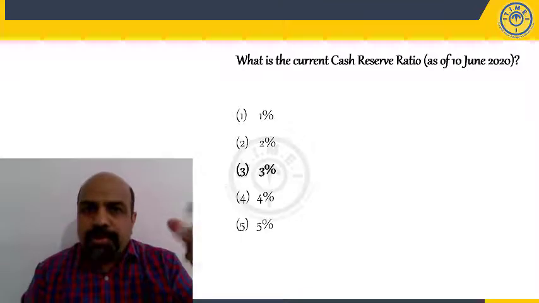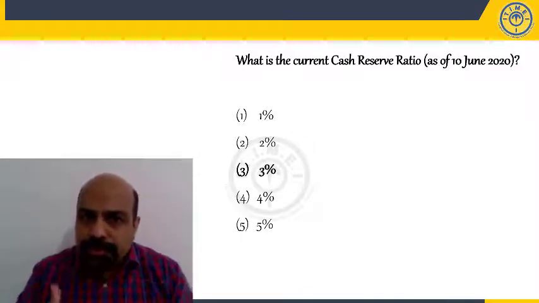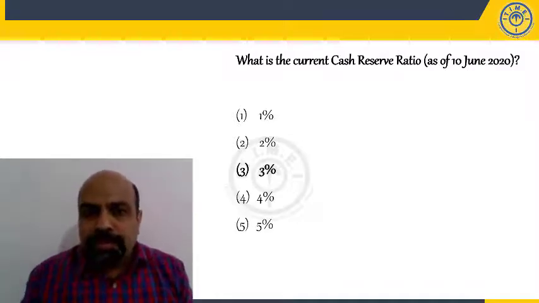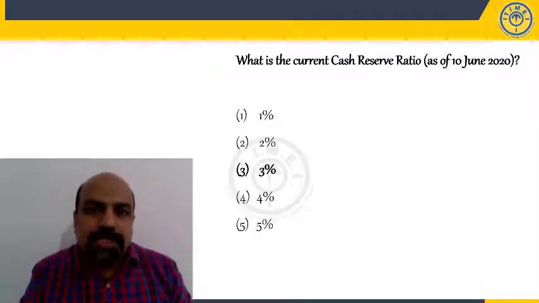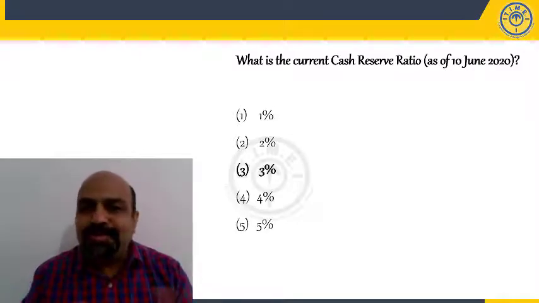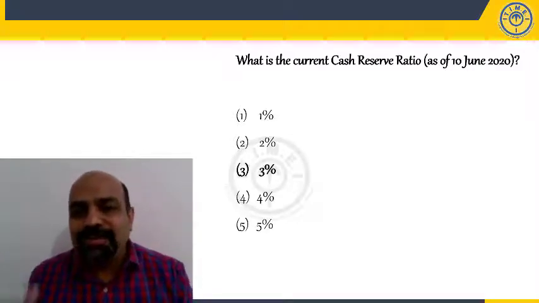So 3% from your banks will come from your deposits into my lockers. I put that money away. Your money is with me. Can you use that money? You can't use that money. Will I pay interest on that? No, I won't pay interest on that. No interest is paid on CRR.